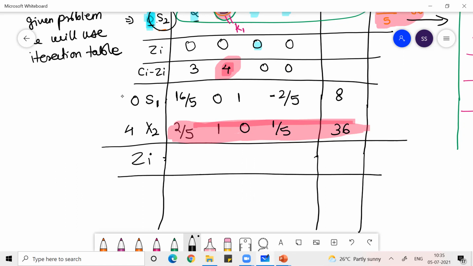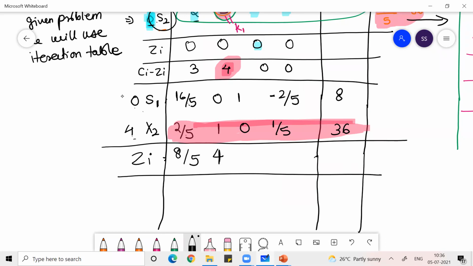The Zi value of this would be 0 into 16 by 5 plus 4 into 2 by 5. This would be 8 by 5. Then 0 into 0 plus 4 into 1. This would be 4.